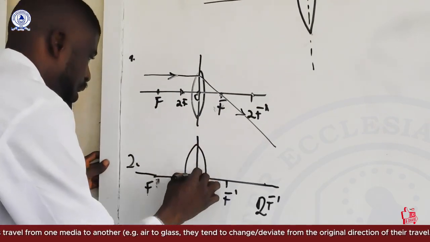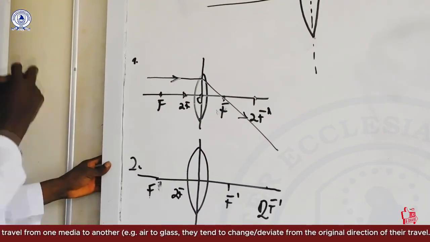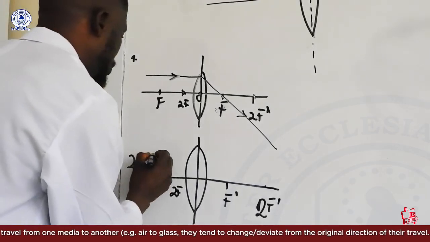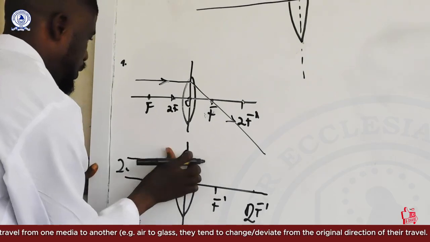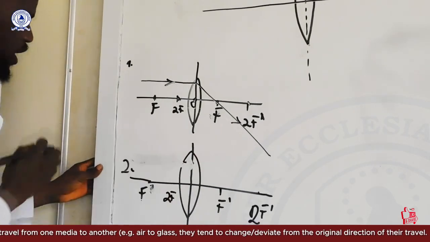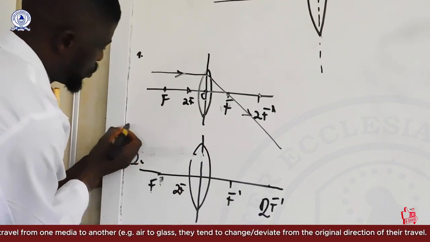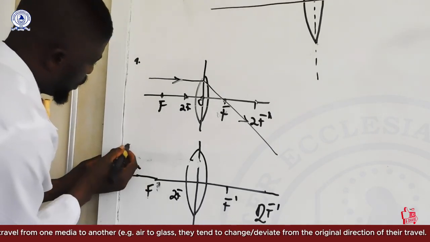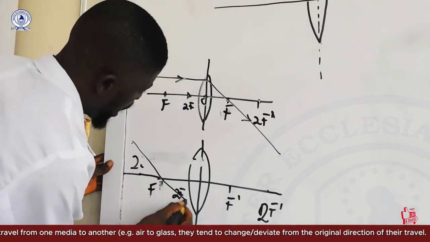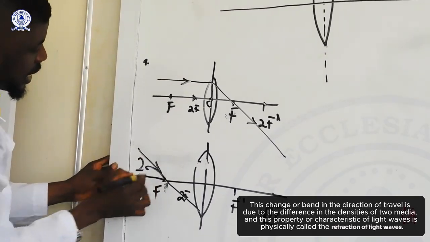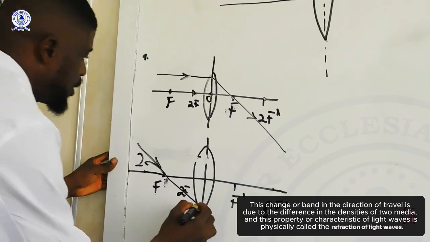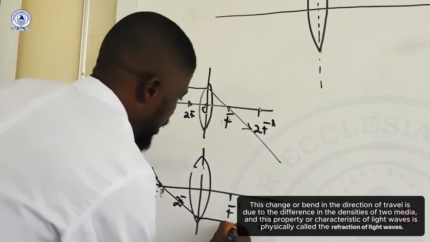And this is our line of symmetry. So a ray of light passing through the focal point of the lens, after refraction, it will pass parallel.